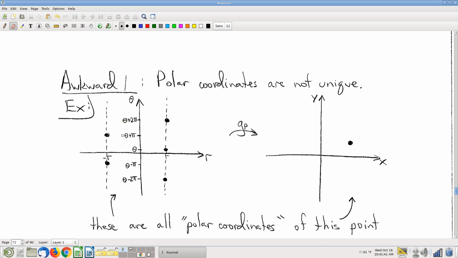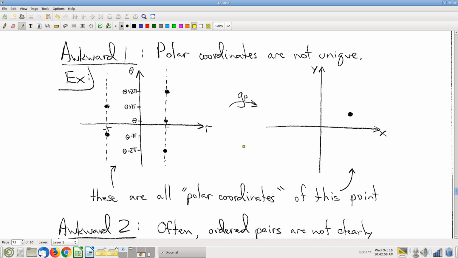Along those same lines, again, thinking of this as a function, if you were to increase theta by pi, and having done that, take the negative of the value of r, that again gets you back to the same point. So a different sort of way to visualize what we talked about before.